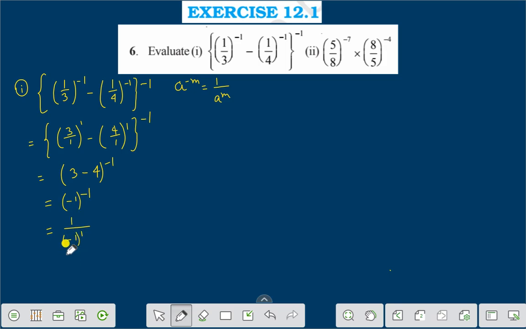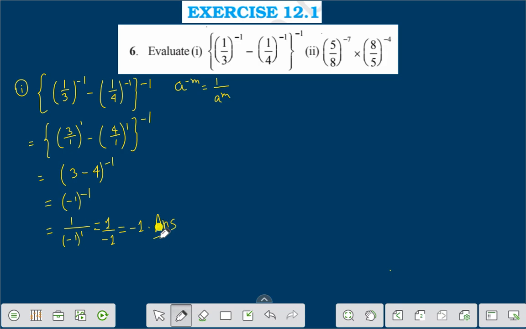Right? Therefore we are getting 1 by minus 1, and that is equal to minus 1. Therefore the answer is minus 1 of question number 1.